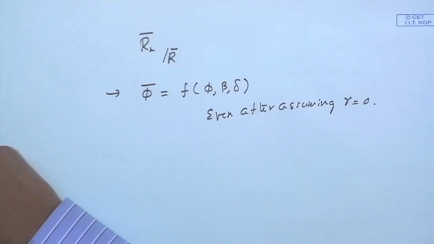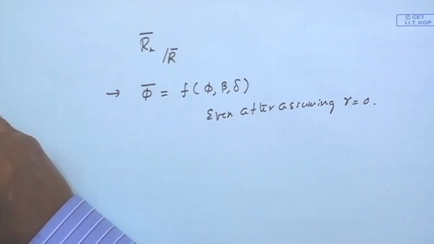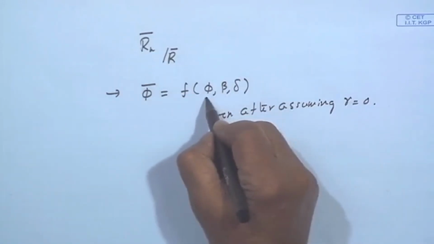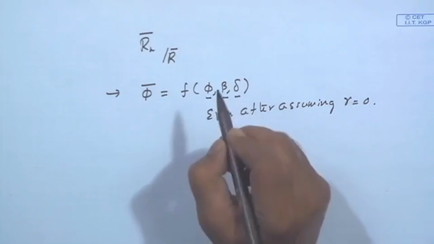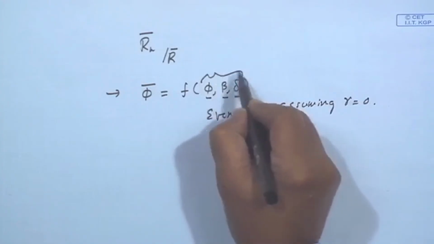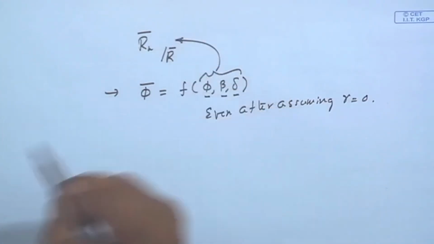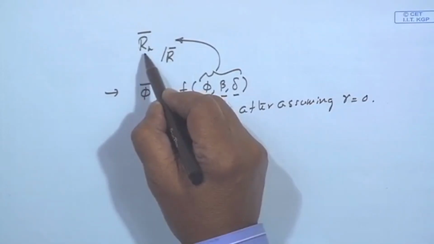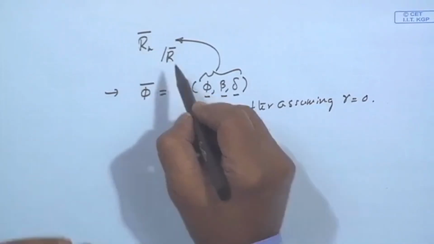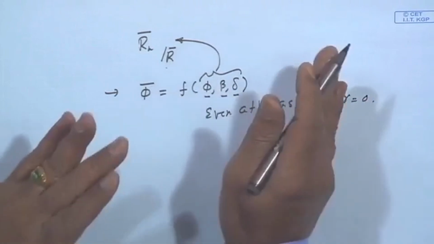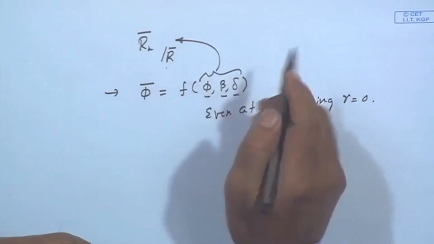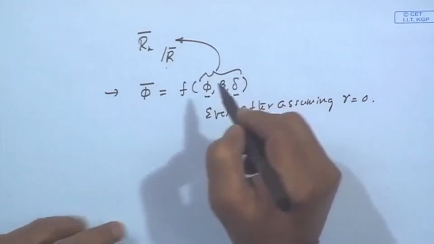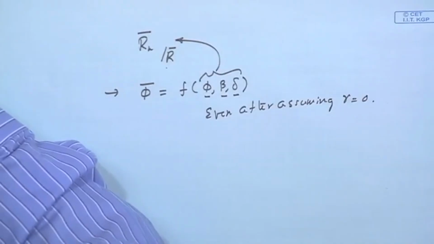First of all, this correlation is valid only for south facing surfaces, and then it should be a function of the latitude, slope and declination in general. These three have been combined into one parameter Rn by R bar, because this is sort of a stretching factor at the noon time compared to the stretching factor over the overall day, which should take into account the latitude, slope, declination combination.